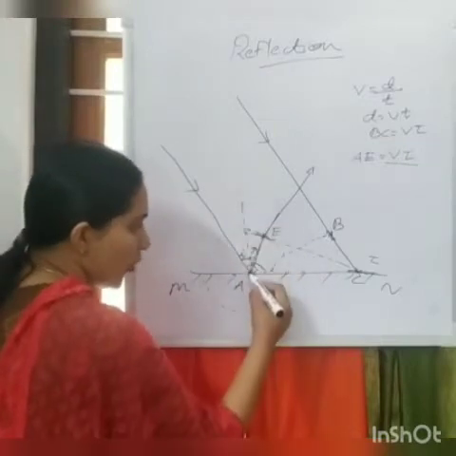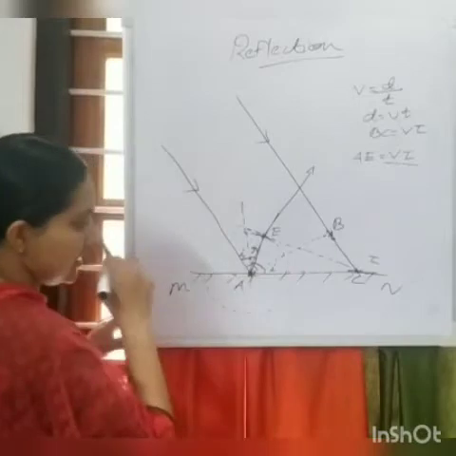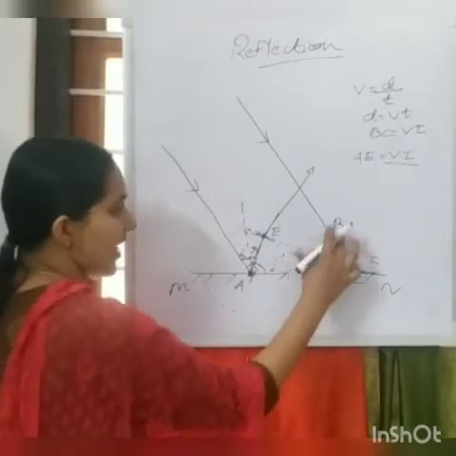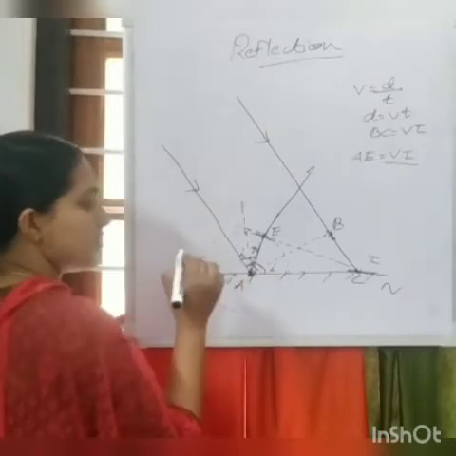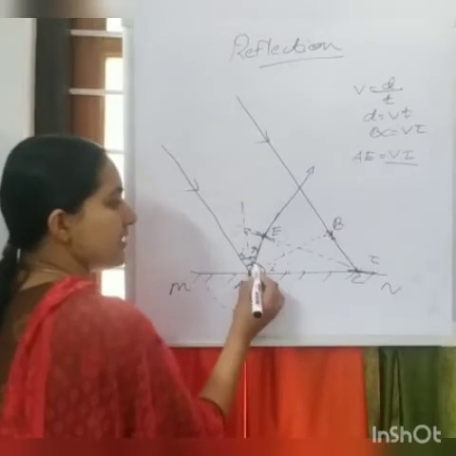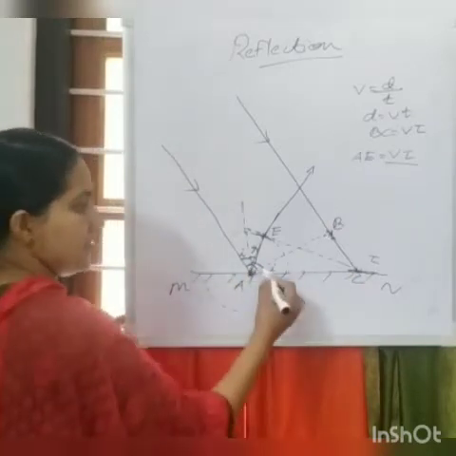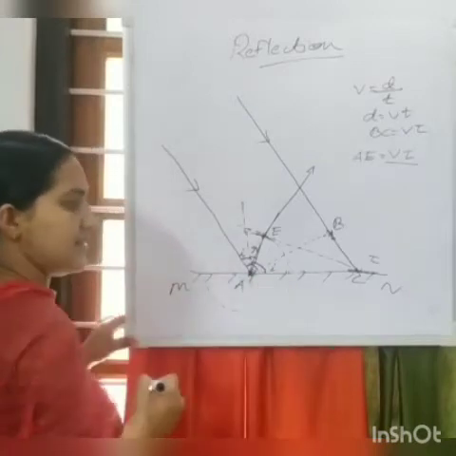So the normal and this parallel line will be 90 degree, the incident ray and this parallel line will be 90 degree. So the angle between this normal and this will be 90 minus I. So this will be I, as this is normal, is 90 degree.